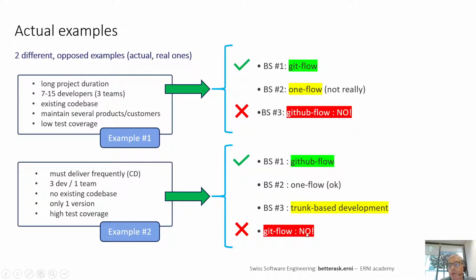Gitflow is absolutely not recommended. And then trunk-based development, and I wrote this some time ago, but another option would be GitLab Flow, better than OneFlow. So this is not really correct actually. So that's 2 examples. You get some criteria, and you get some branching strategies which are okay and some which are not okay.